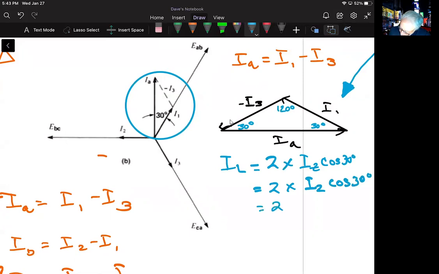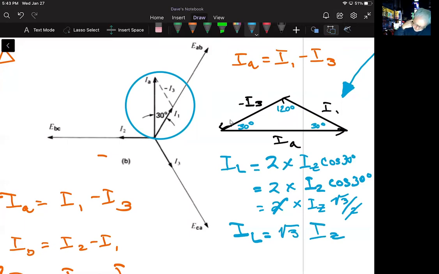I'm going to do that same thing again, and I know the cosine of 30 degrees is 0.866, which is also equal to square root of 3 divided by 2. And again, the only reason we do that is so we can do this. And I end up with this idea that the line current is equal to, in a delta configuration, the square root of 3 times the branch current.